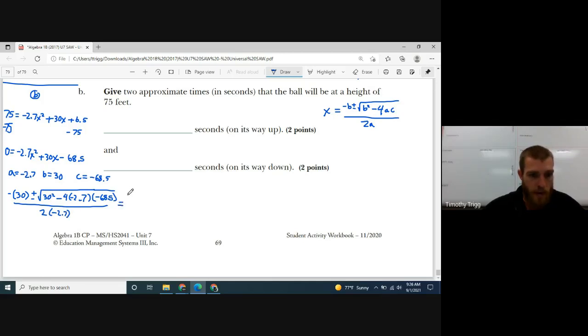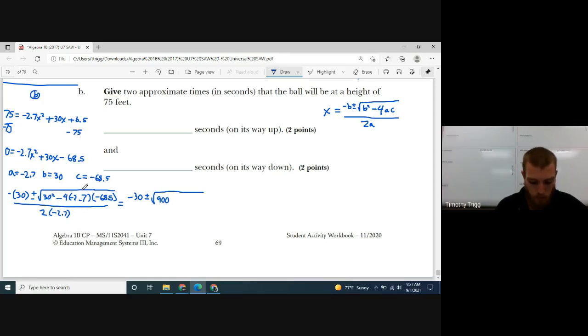Okay, so we'd have negative 30, right, negative 30 plus or minus square root. All right, so what's 30 squared? That's 900. Then negative 4 times negative 2.7 times negative 68.5.